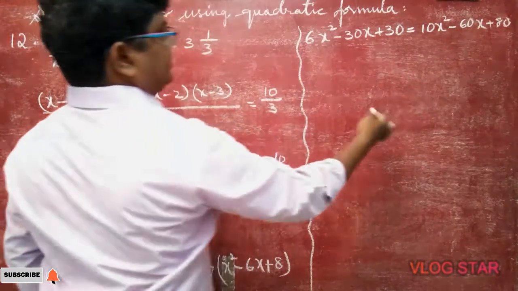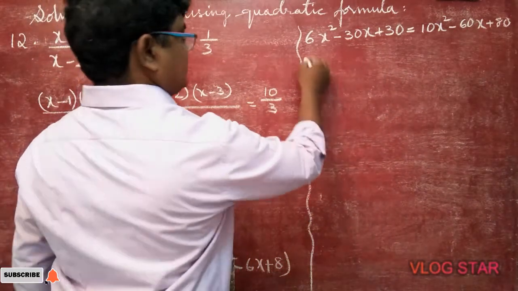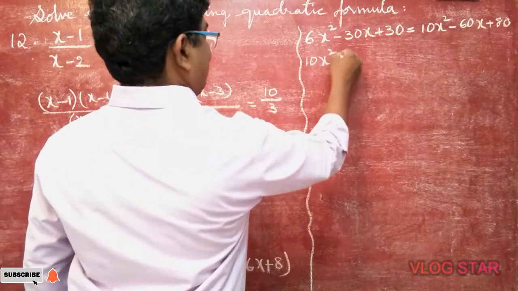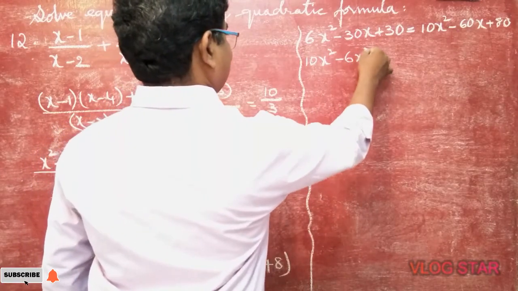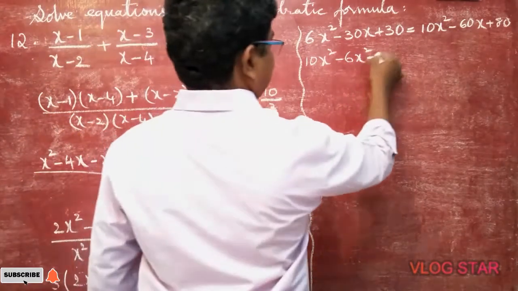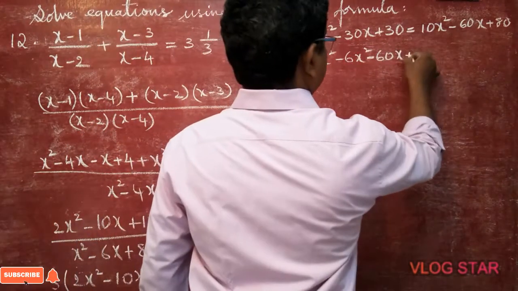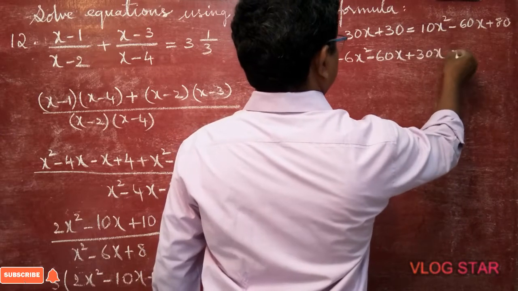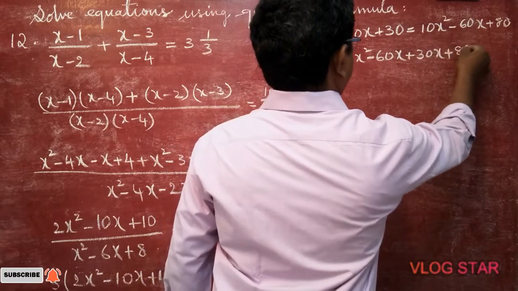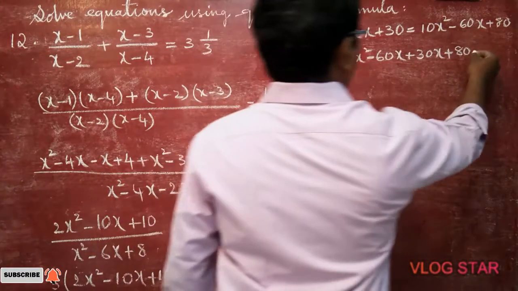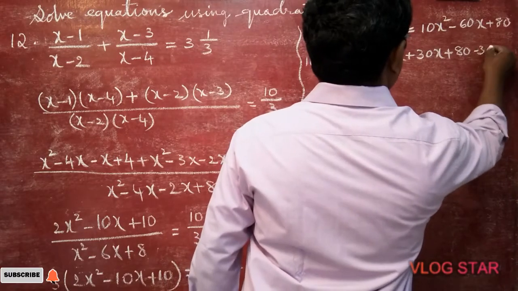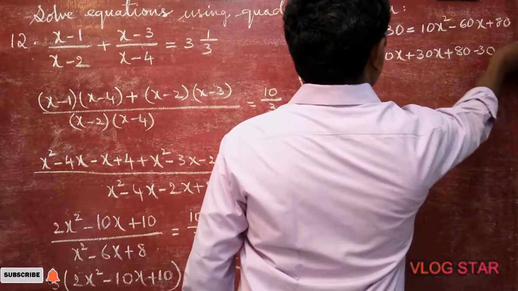Bring the left side ones to the right side: 10x square minus 6x square, minus 60x plus 30x, plus 80 minus 30 is equal to 0.